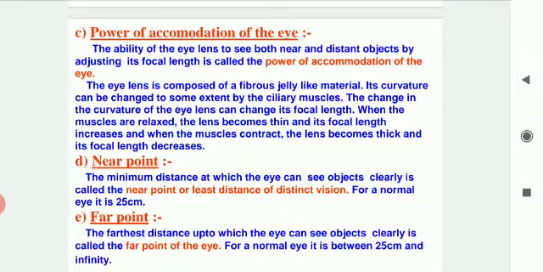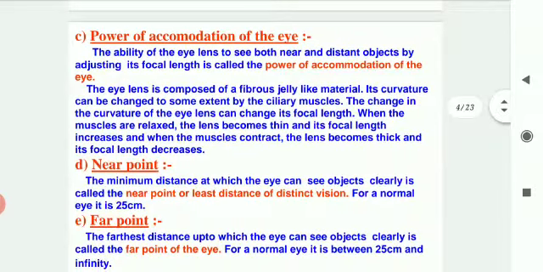When the muscles are relaxed, the lens becomes thin and its focal length increases. And when the muscles contract, the lens becomes thick and its focal length decreases.